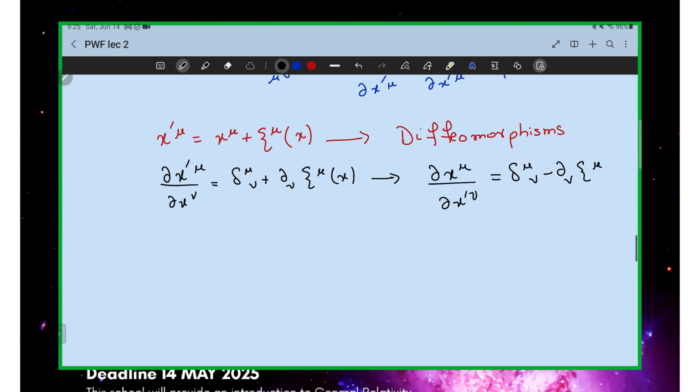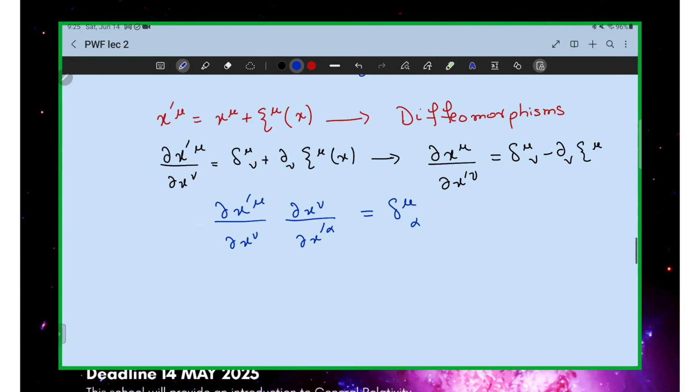Well, I knew it because if you contract these two things, they are inverses of each other, and you should get this. And if you use these expressions, you can check that. If you put them here, you will get this term, and then you will get 0 for order epsilon terms.